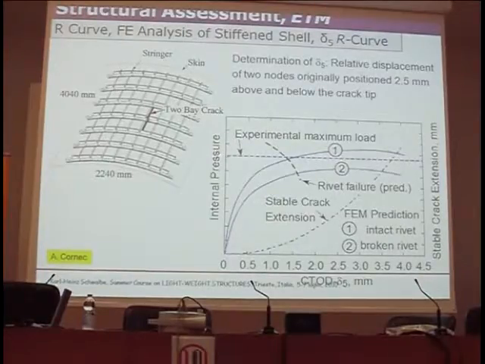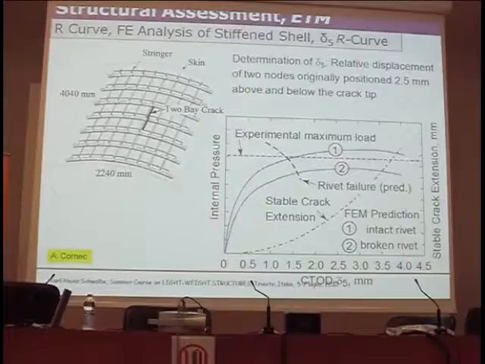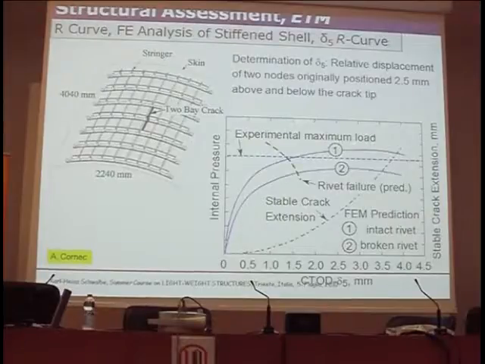Here is again the experimental maximum load in terms of internal pressure. And the first analysis overshot the real failure value a little bit, so it was on the non-conservative side.